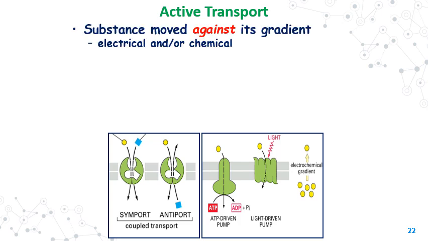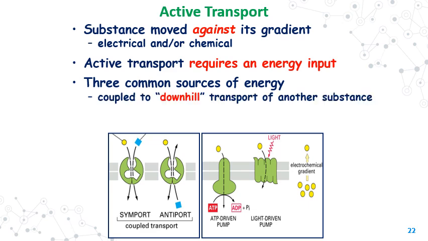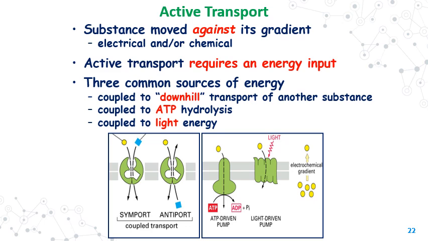So active transport, things are going to be moved against the concentration gradient. You're always going to use energy either directly or indirectly, okay? And what else can make things go against their concentration gradient? You are going to need either ATP or you're going to use light energy.